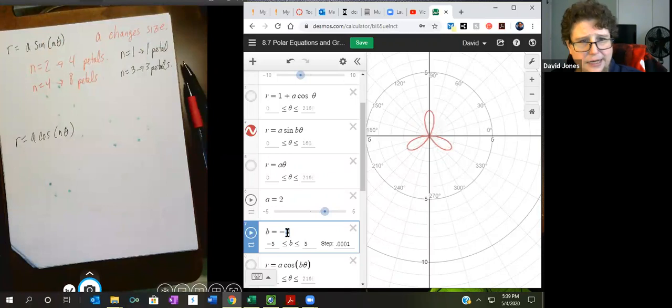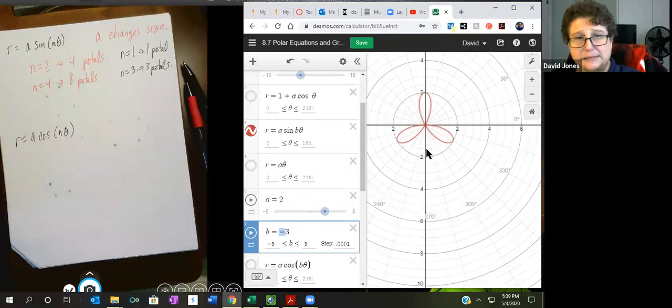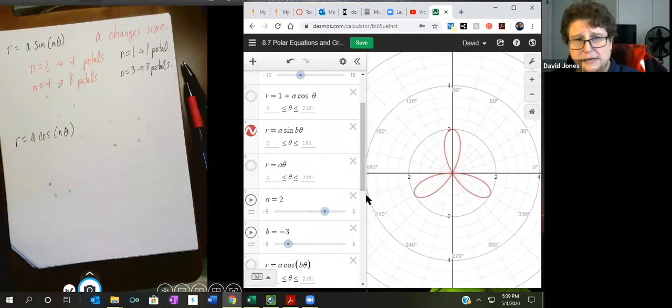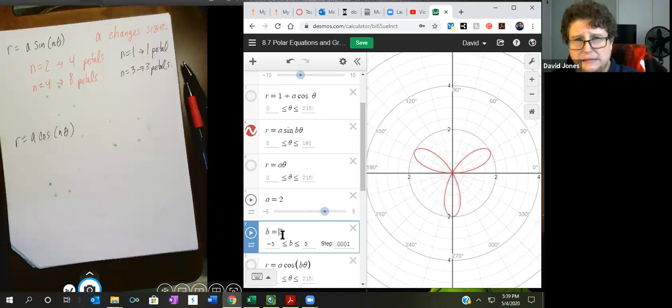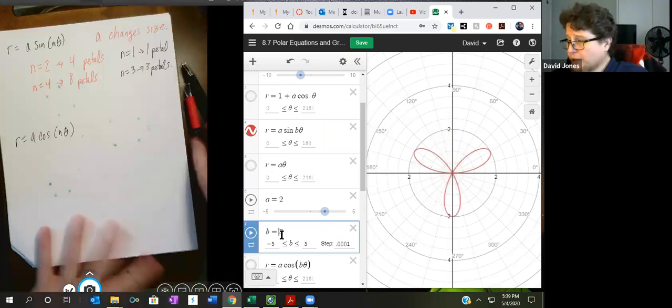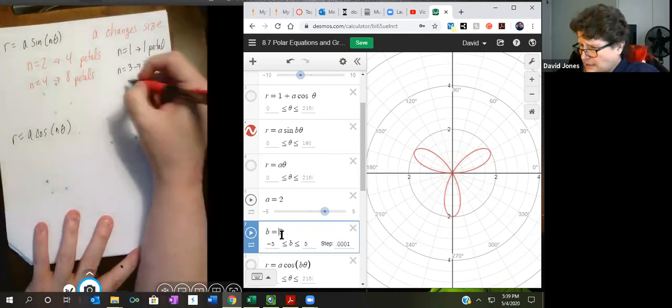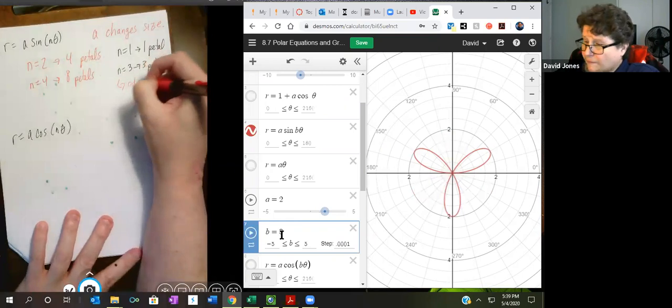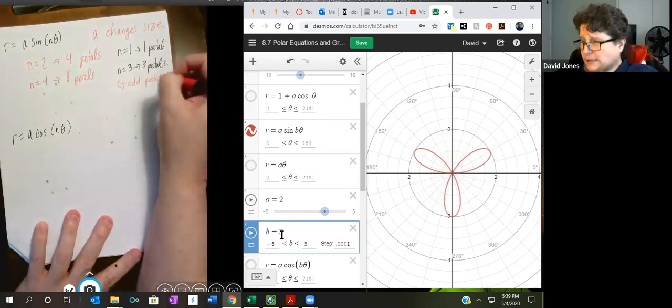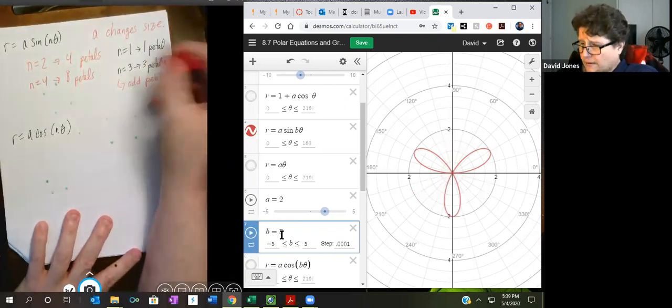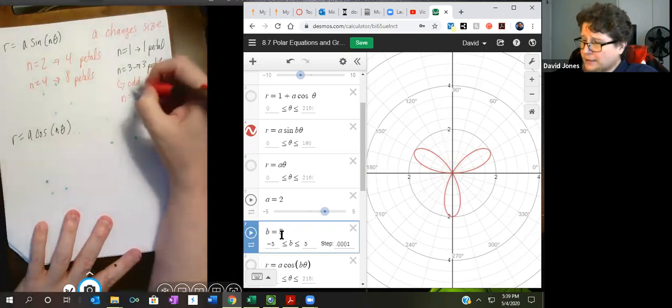Is negative 3 different than positive 3? That's negative 3. Yes. So on the odd petals, for sine, n equals the number of petals.